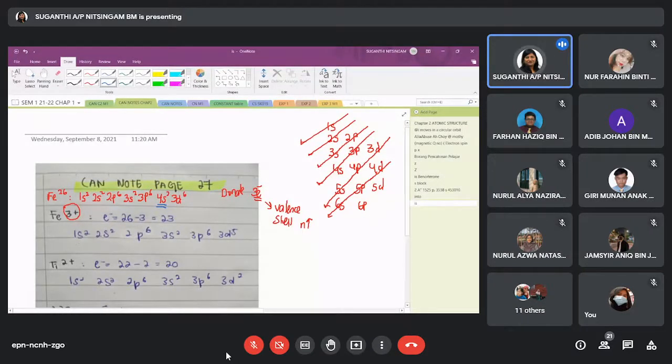So it is written 1s2, 2s2, 2p6, 3s2, 3p6, 3d5, correct.